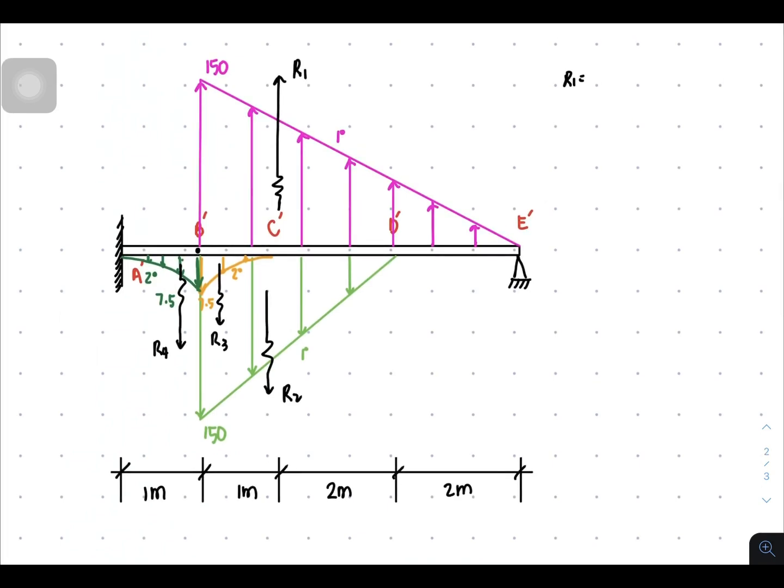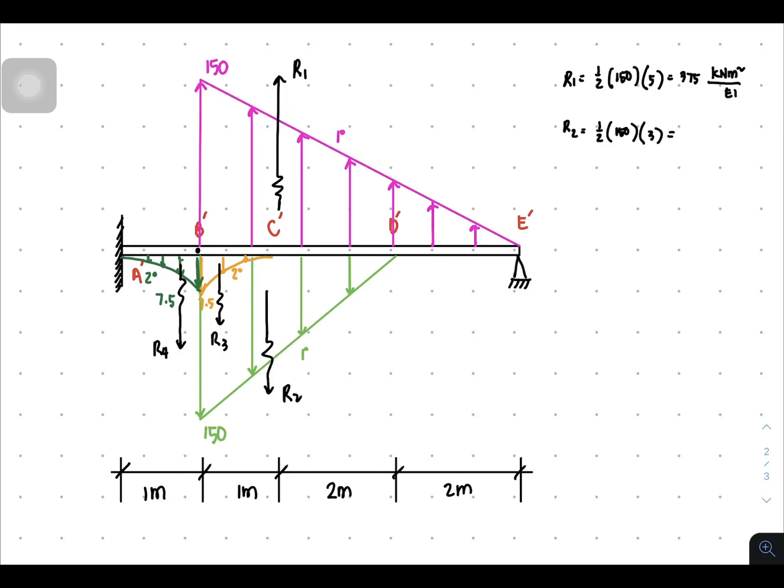So R1 is 1/2 of 150 times 5. So that's 1/2 of 150 times 5. It's 375. The unit here is kilonewtons square meter over EI. And then R2, it's 1/2 of 150 times 3.